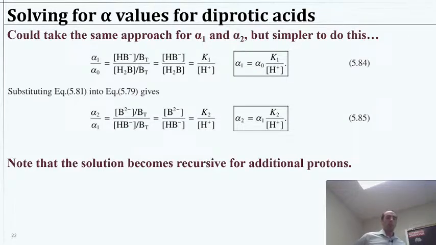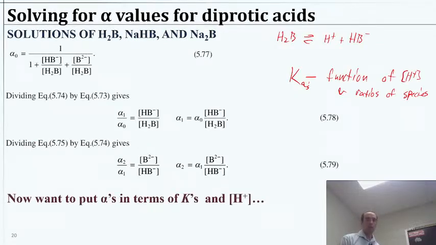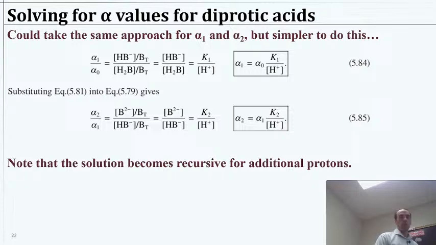Now we can take the same approach for alpha 1 and 2 and derive it all that way, but it's actually a little simpler if we pause and say, well, we already noticed these ratios that were helpful, and so why don't we just define alpha 1 in relation to alpha 0, right? That's something that we were already working on right here. We kind of already mentioned we can get these in relation to one another, so skipping back up ahead, let's do that instead of deriving and solving each one of those pieces.